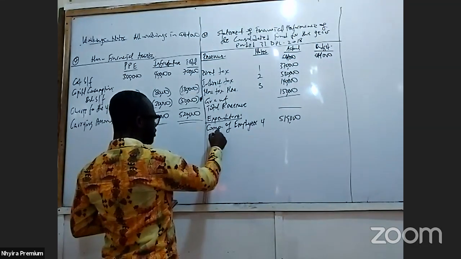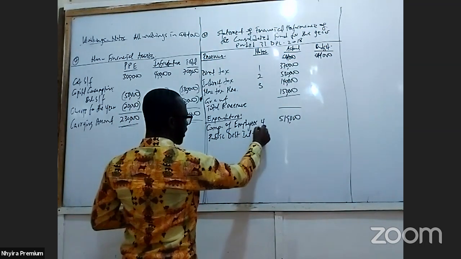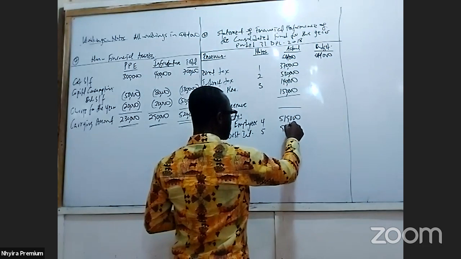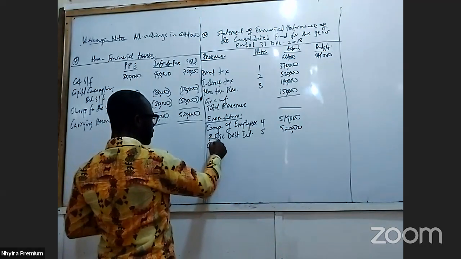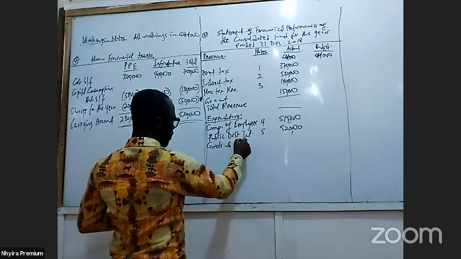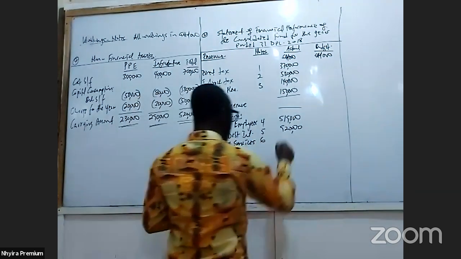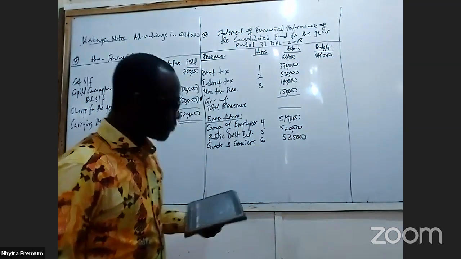Public debt interest, working 5, that is 920,000. Goods and services, working 6, that's 535,000.